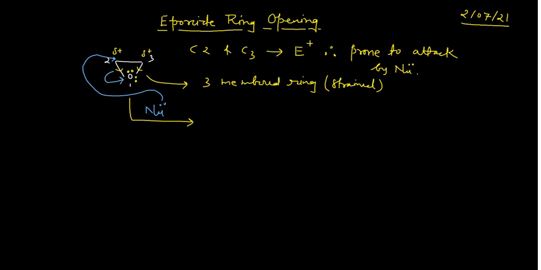So you are left with the nucleophile added to carbon number 2, and carbon number 3 has the oxygen, which is now negatively charged. If you do the protic workup, I can put H positive over there, then it will result in the product that is nothing but an alcohol type of compound. So this is how you can get this one.